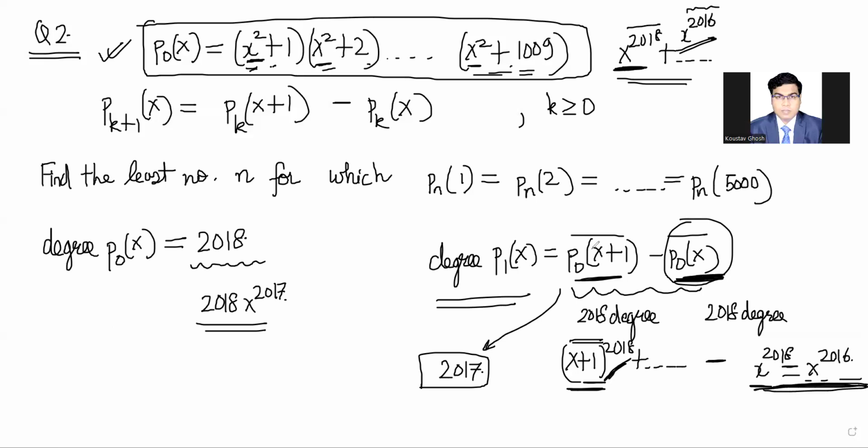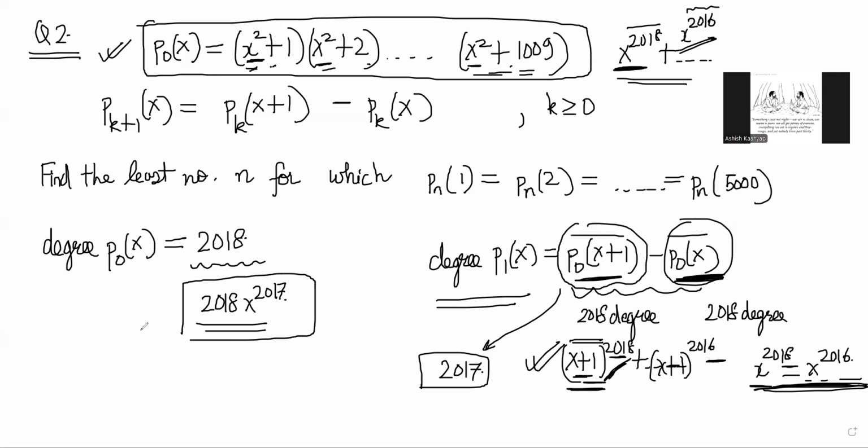But when you do the expansion of P0 of x plus 1, it will be (x plus 1) power 2018 plus (x plus 1) power 2016, right? Do you realize that when you expand this, you will get a 2018 degree term, but you'll also get a 2017 degree term. I hope it is clear how 2017 comes out. Yes, sir.